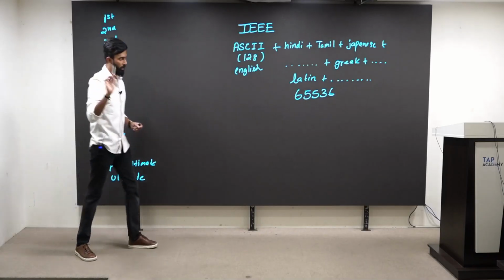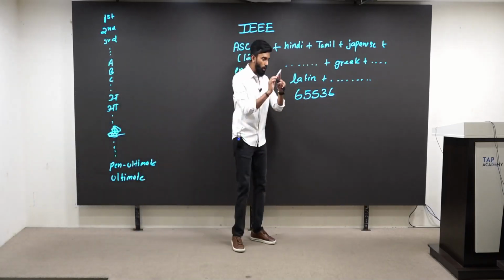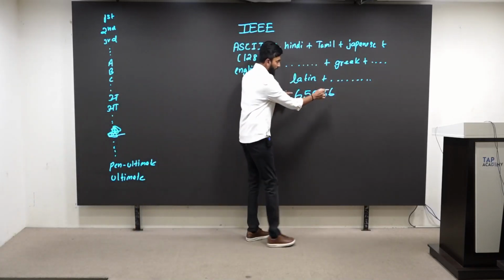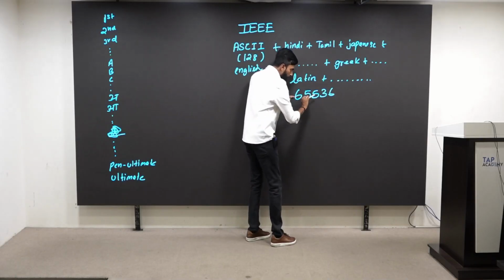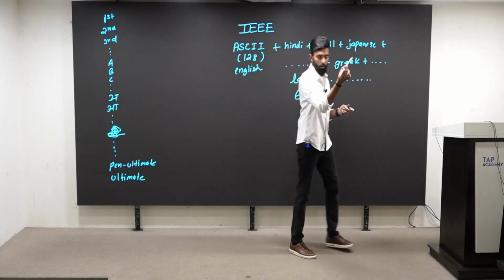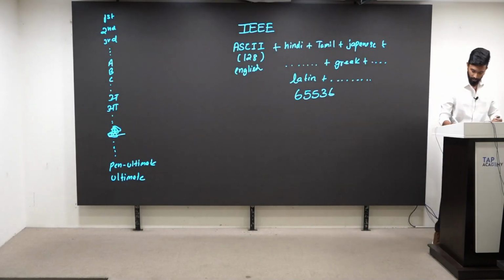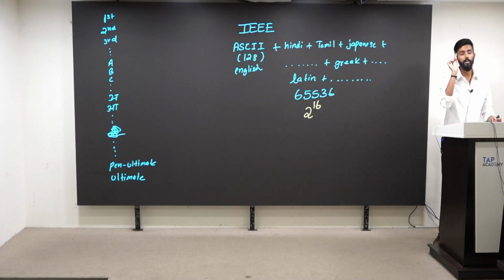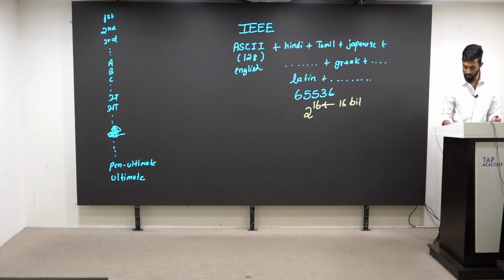Now tell me, how to decide what should be the length of the code? Take the total characters, represent it as a power of 2. 65,536 as a power of 2 is 2 raised to the power 16. What is there in the power? 16. Which means this should be a 16-bit code.